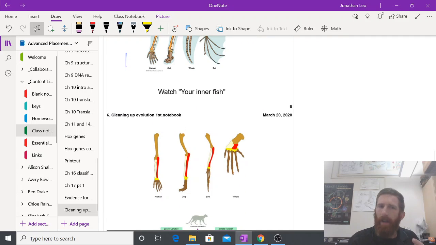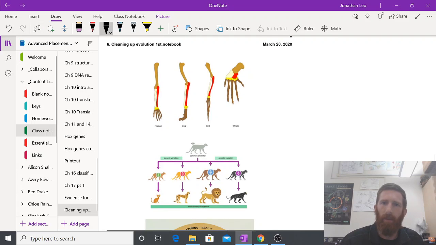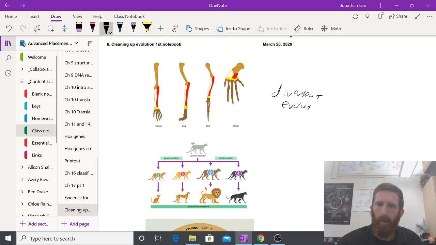All right, so on that same note, if we think about homologous structures, this is an example of something known as divergent evolution. Divergent evolution says we have one ancestral thing like Tiktaalik up here, and then it diverges into a bunch of different things for a bunch of different purposes: for swimming, for flying, for walking, or for grasping, right?